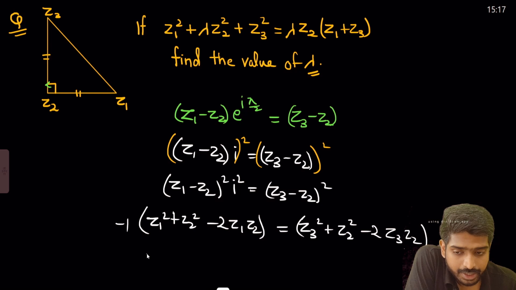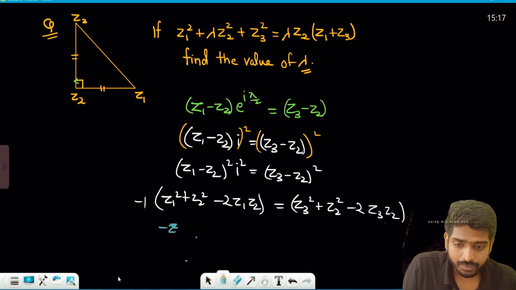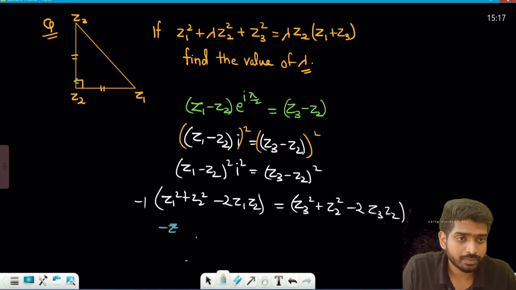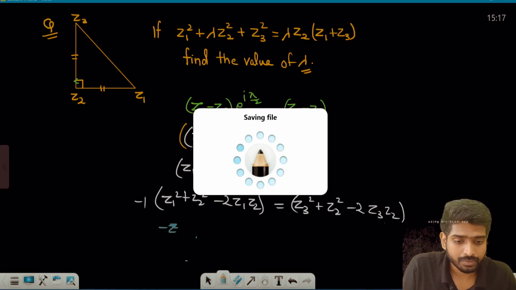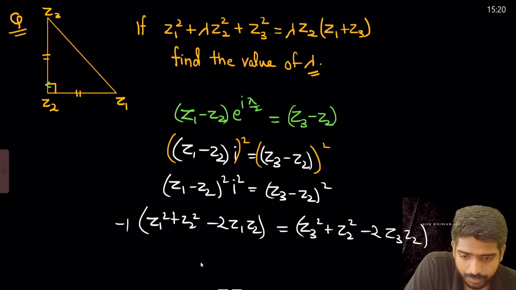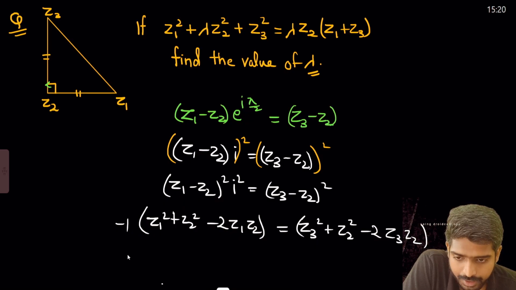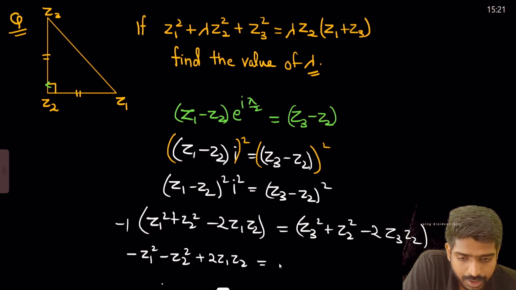Got it? After multiplying with the minus sign inside, we'll get minus z1 square minus z2 square plus 2 z1 z2 is equal to z3 square plus z2 square minus 2 z3 z2.